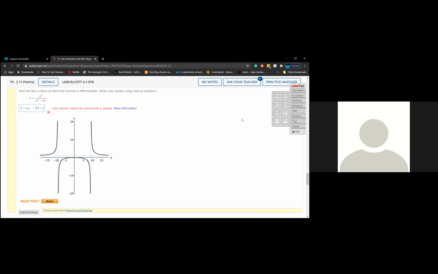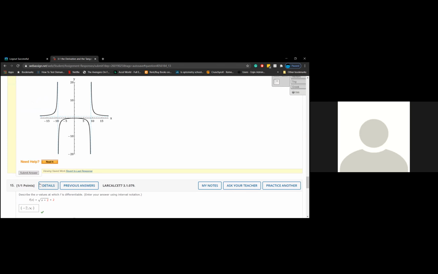And then parentheses, -9 to 9, comma, parentheses, and then union again. Parentheses, 9 to infinity. Should be good. Cross your fingers. It'll automatically close the parentheses and let's see what happens.